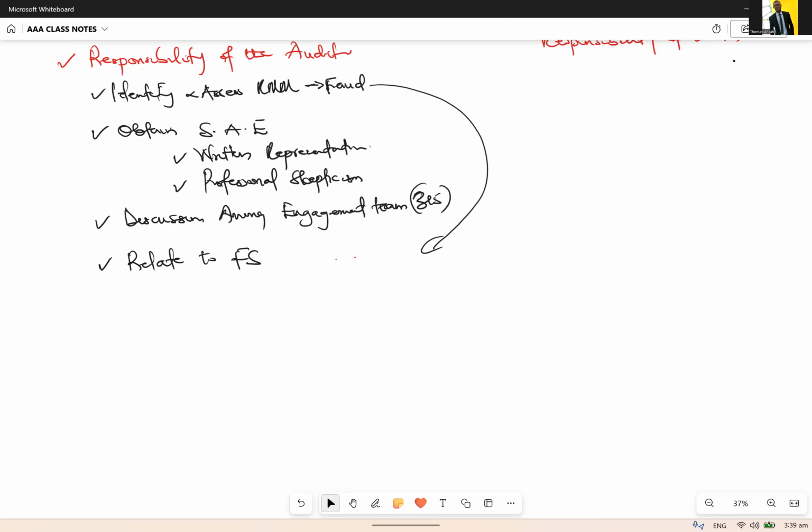Now, finally, last but not the least, you are supposed to communicate it, report it. First of all, you report these things to management internally. But if management is part of the fraud that is happening, then you need to go beyond management and go to those charged with governance, especially the audit committee on the board. But what if the entire board is part of the problem? Then you are supposed to go to the regulatory authorities.